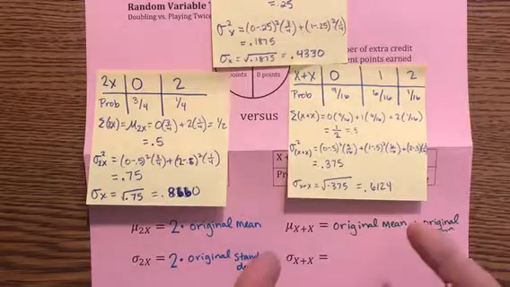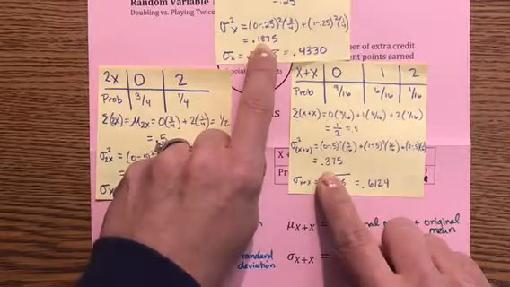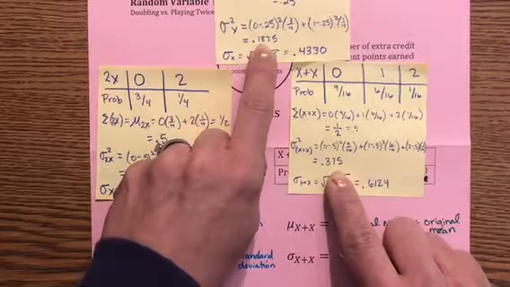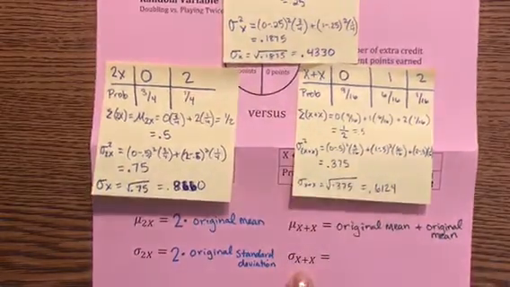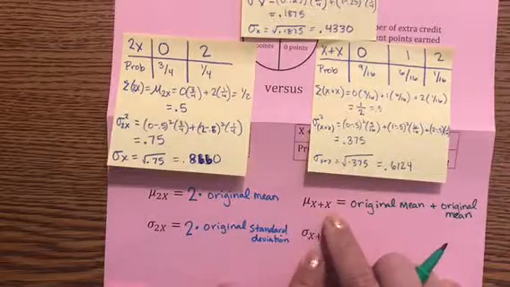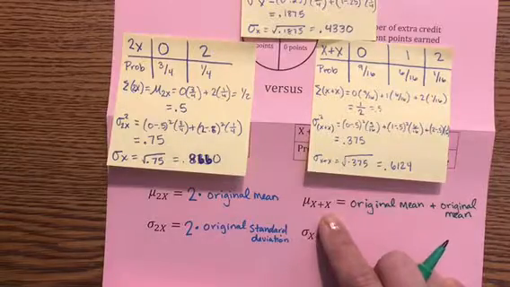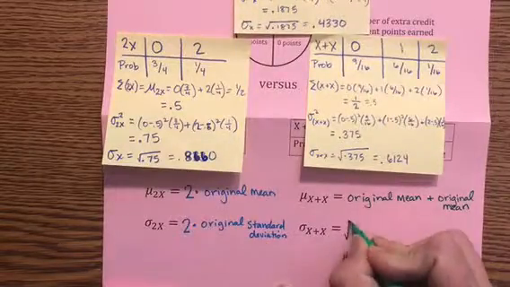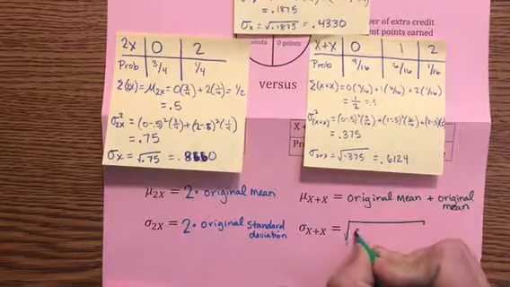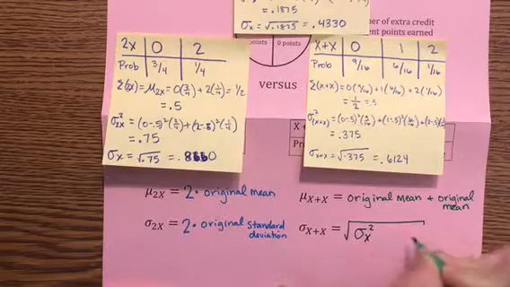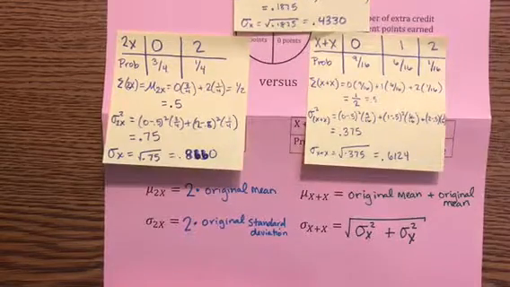But there still is a fast way to get this new standard deviation. If you notice, this variance of 0.1875 and this variance of 0.375 is doubled. So here's the key to finding this standard deviation when you are adding random events or you're repeating a random event, like spinning the spinner twice. You can just take the square root, because it's standard deviation, this does say sigma, of the original variance added to the variance.